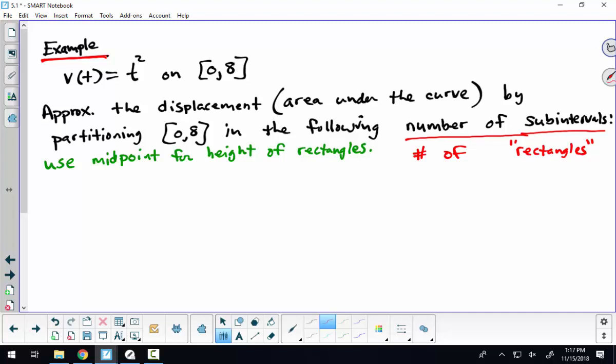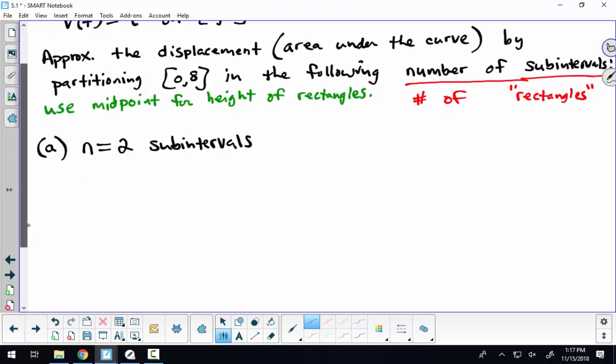For the first computation, part A, we'll call it n equals 2 subintervals. In other words, we're approximating the area under t squared from 0 to 8 using 2 rectangles. Right now we'll draw it out, and then we'll look at the specific notation that allows us to bypass drawing pictures.